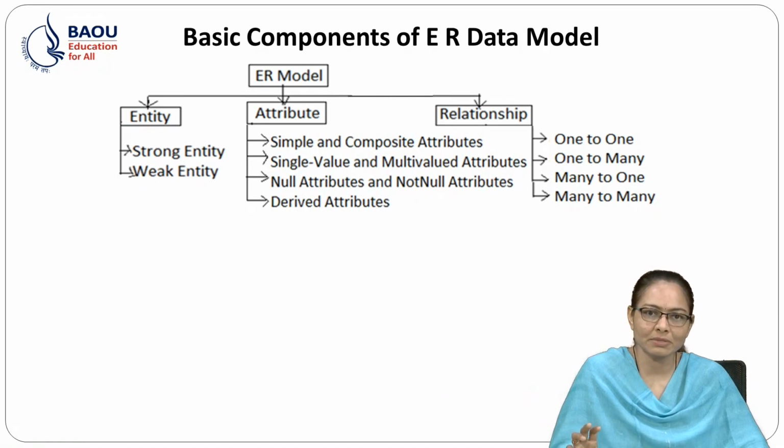Again, attributes have four parts: simple and composite attributes, single and multi-value attributes, null and not null attributes, and the last one is derived attributes. Same as the relationship has four parts: one to one, one to many, many to one, and many to many relationship.